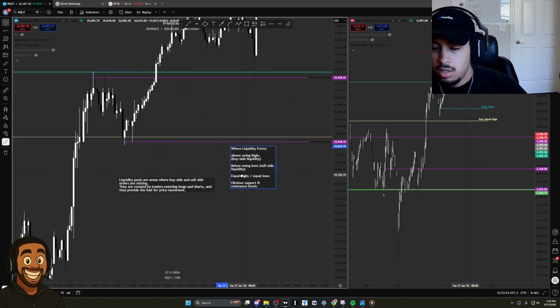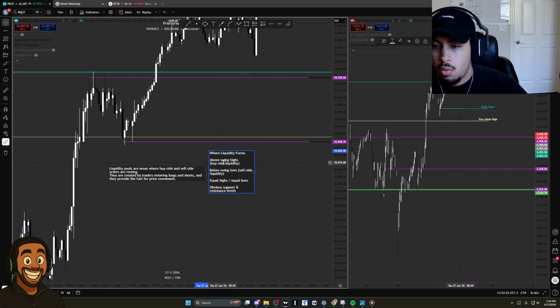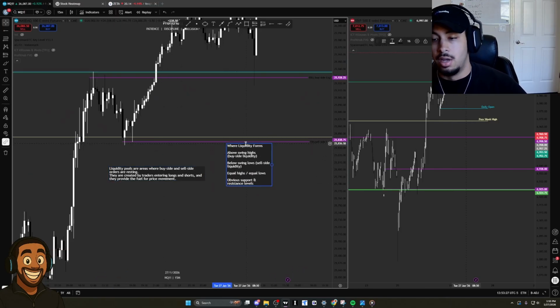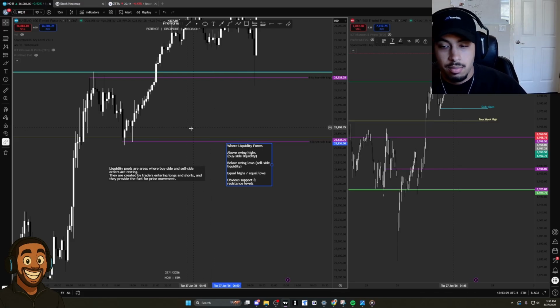All right, we need to understand how it's formed. Liquidity is formed above swing highs, buy side liquidity. This is a swing high. And also below swing lows, which is here. This is sell side liquidity. And then also equal highs.